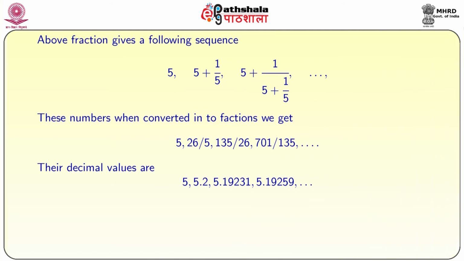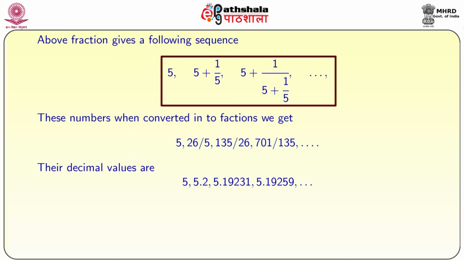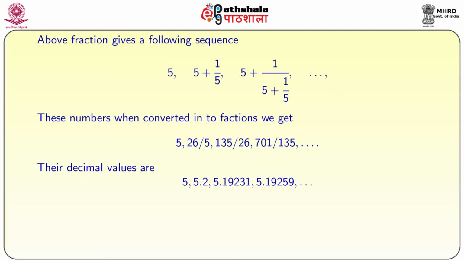The above fraction gives the following sequence: 5, 5 plus 1 by 5, 5 plus 1 by 5 plus 1 by 5, and so on. These numbers, when converted into fractions, give 5, 26 by 5, 135 by 26, and so on.